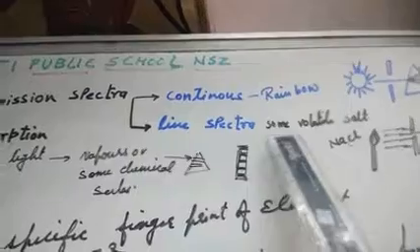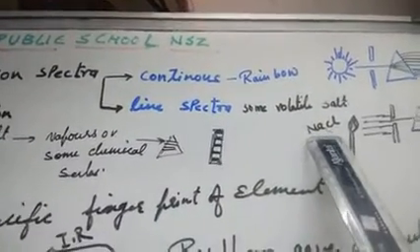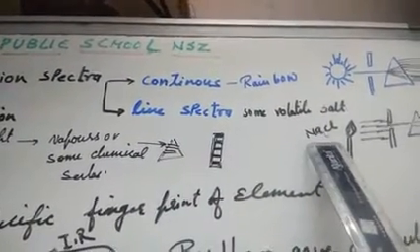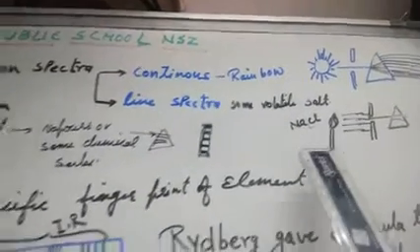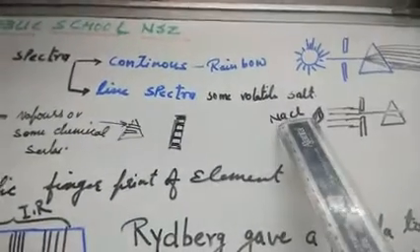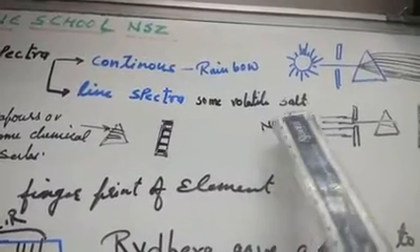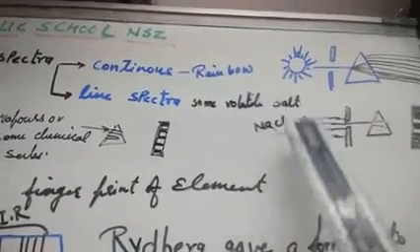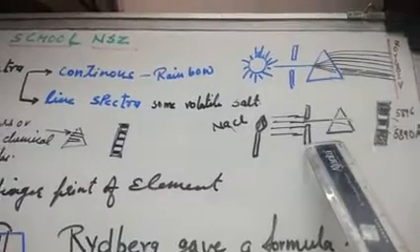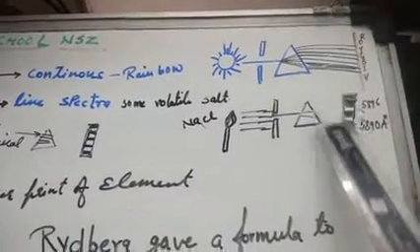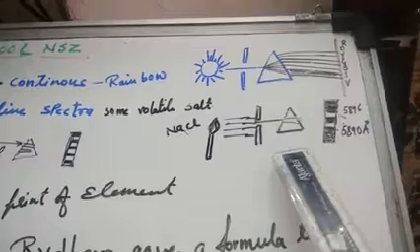Like if we heat volatile NaCl salt on a Bunsen flame or any flame, again it starts glowing, and when that light is taken on a prism, we will get two bright colored lines interrupted by dark zones.